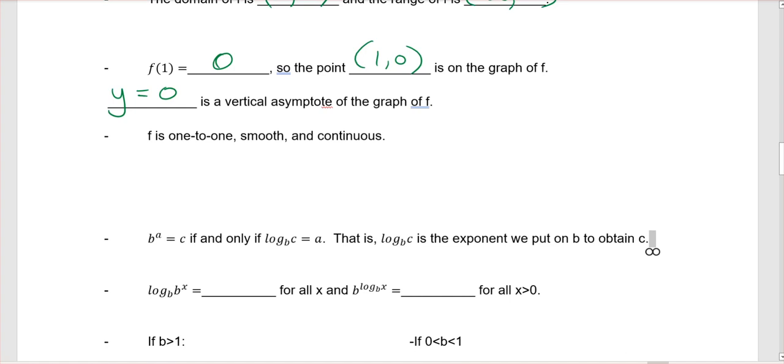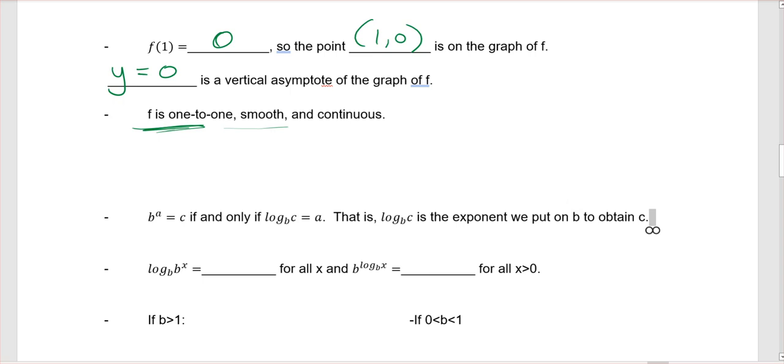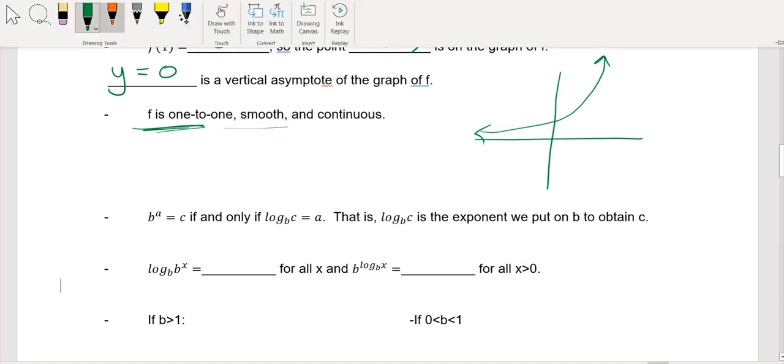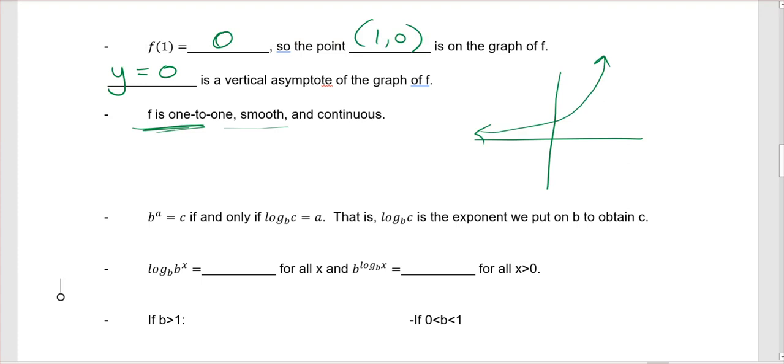So it's 1 to 1, smooth and continuous. This is based on what we knew about inverses. If this is my exponential function, I can draw what the logarithm function would have to look like, because we know that functions and their inverses are reflections over the line y equals x.